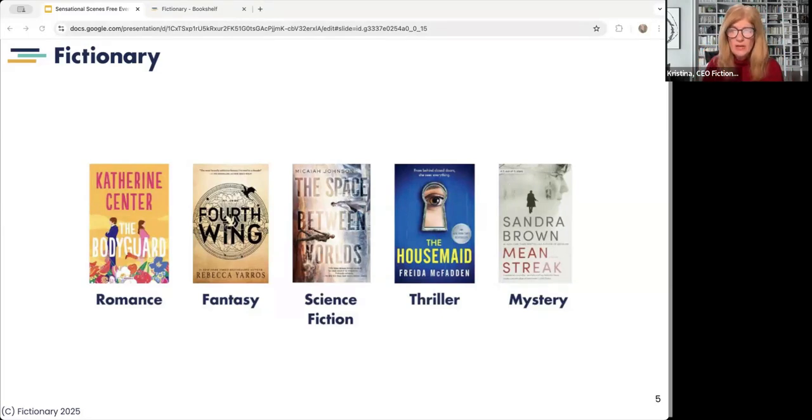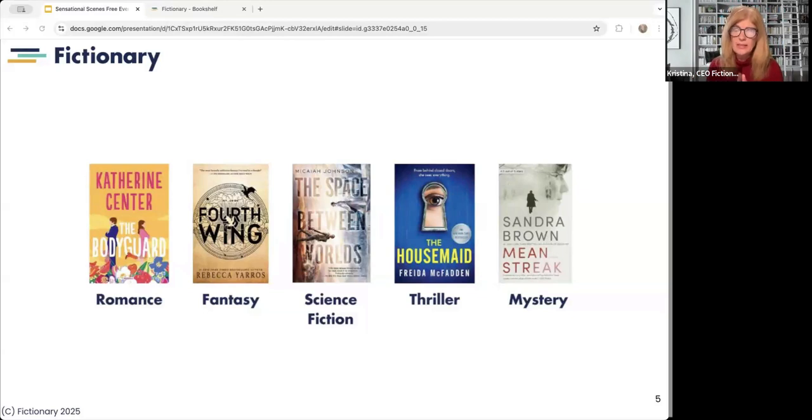All of these first scenes have genre specifics. The Bodyguard is a romance primarily with a thriller subplot. The romance is between Hannah, a bodyguard, and Jack, who's a famous movie star. The romance is how do they get together, and the thriller part is, can Hannah protect Jack from stalkers?